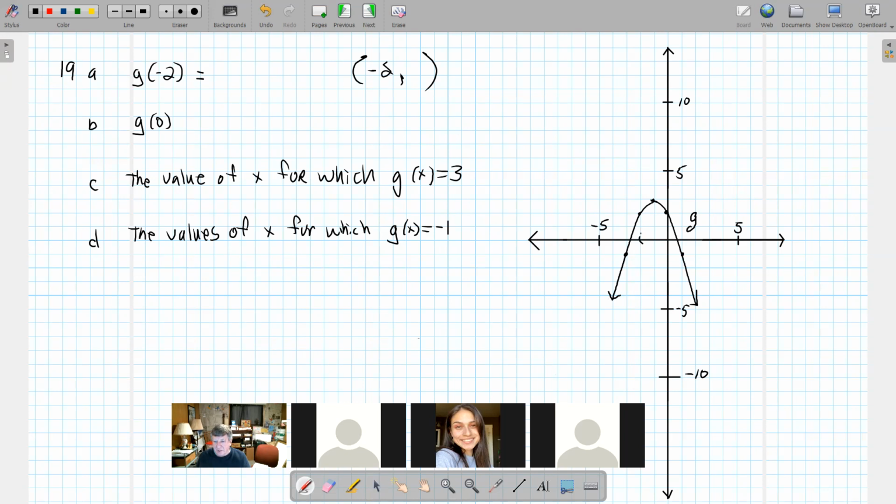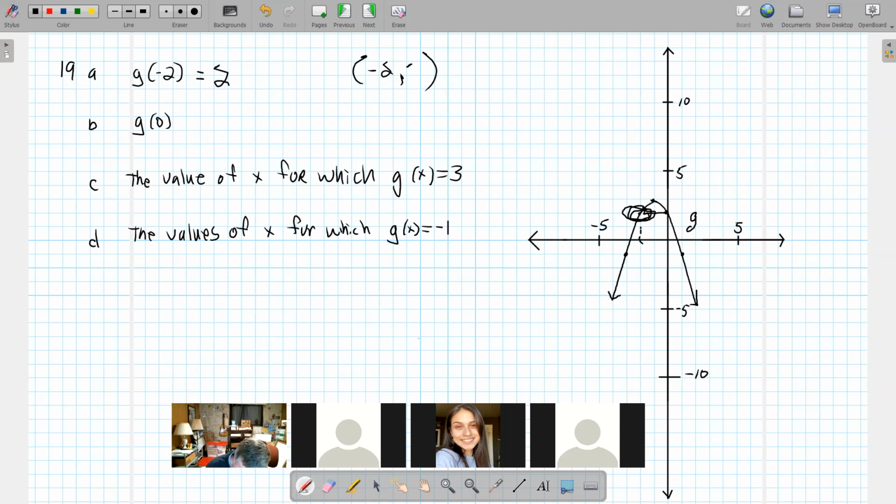Oh, there's x equals -2. So what's the y value there? 2. Not as in why, but as in the y value. What is the y value right there? +2. The x value is -2. The y value is +2.